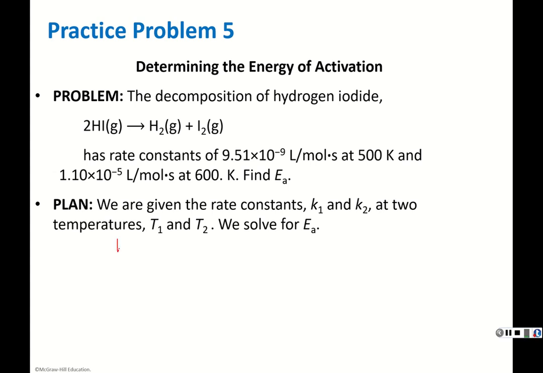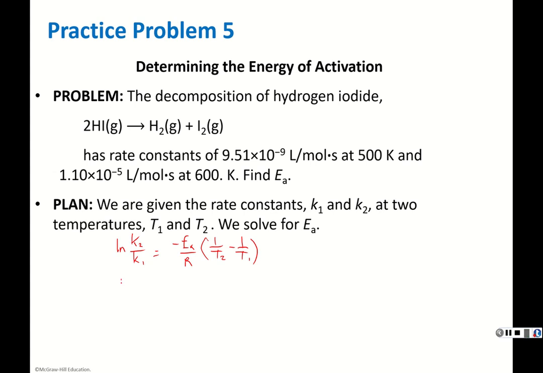So we have ln of K2 over K1 equals minus EA over R times 1 over T2 minus 1 over T1. Now we need to rearrange this to solve for the activation energy.